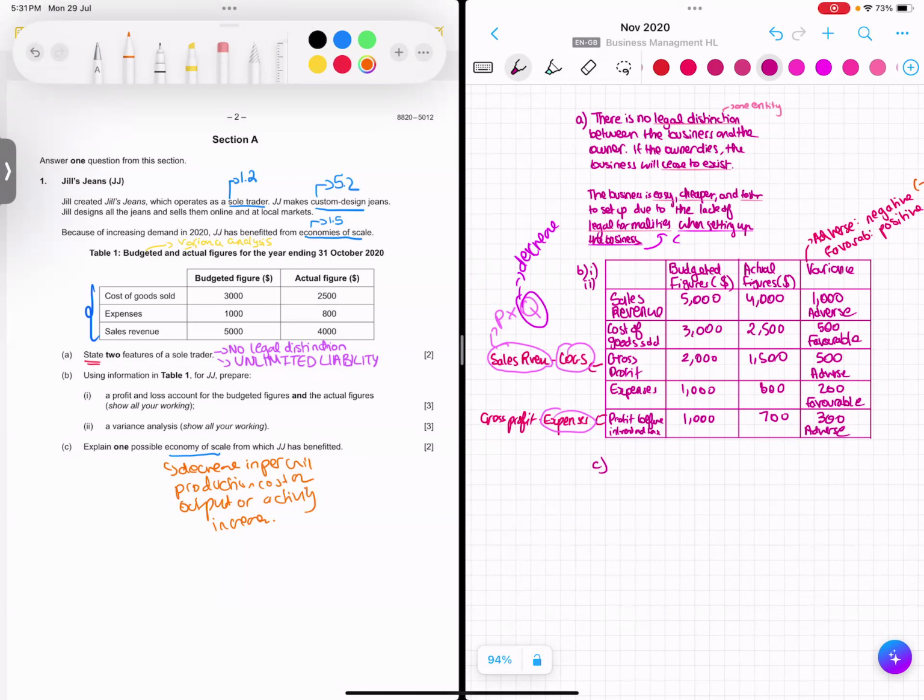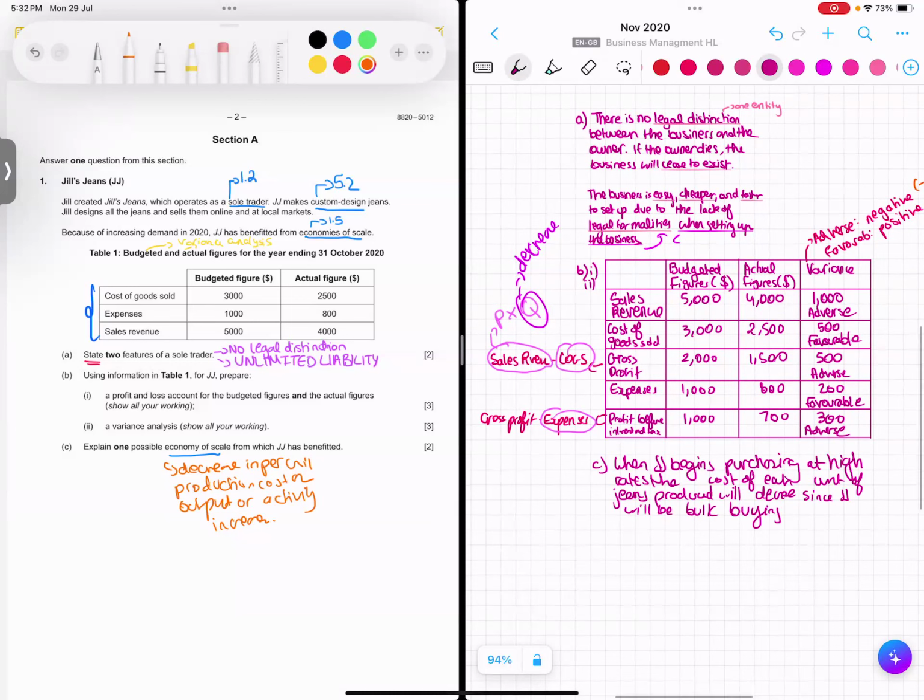So we can just talk about how when JJ begins purchasing at high rates, the cost of each unit of jeans produced will decrease since JJ will be bulk buying her raw material, such as fabrics.